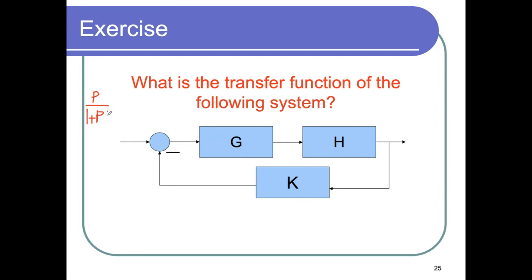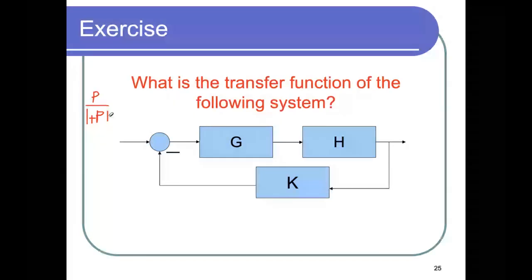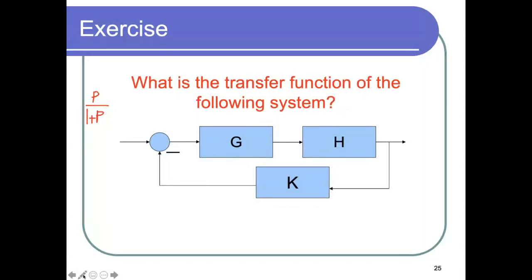So what is the transfer function of this system? Simply this block containing the 3 blocks. And in this case, you just multiply because it's a cascade, blocks in series, so it's GHK. I have an input here and output Y, then this is the relationship between them.